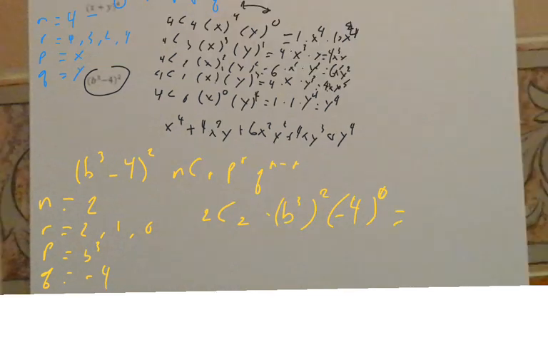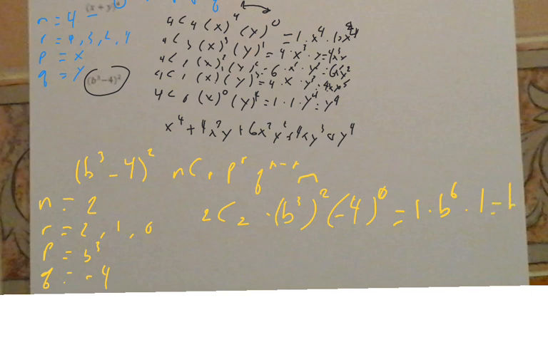So we get that to equal 2C2 is 1 times b cubed raised to the second power. What you do with a power raised to a power is multiply them together, so we have b to the 6th. And then negative 4 to the 0 we know is just 1.